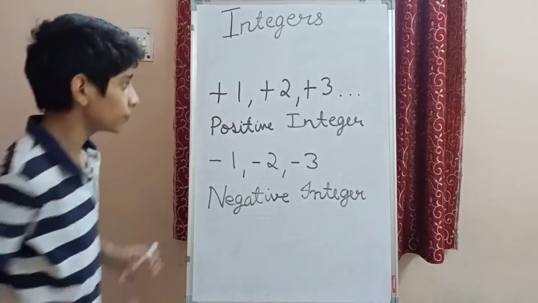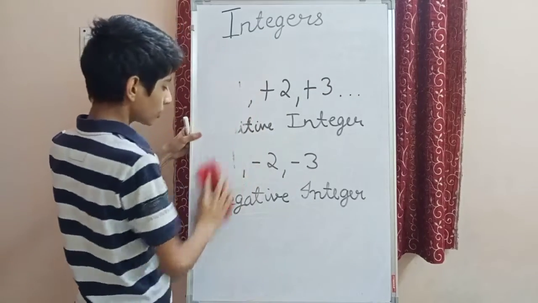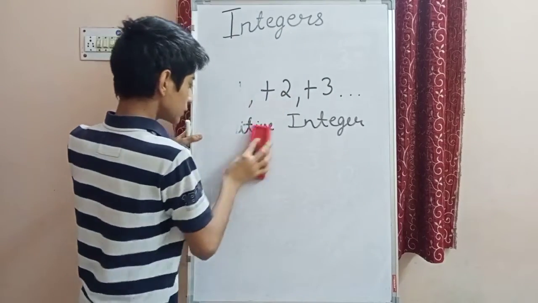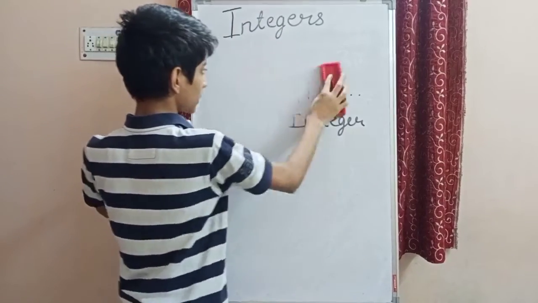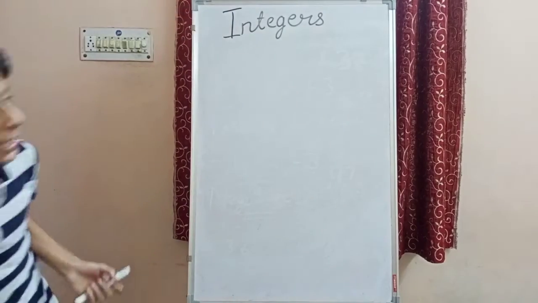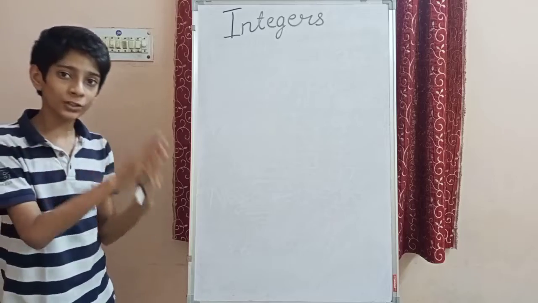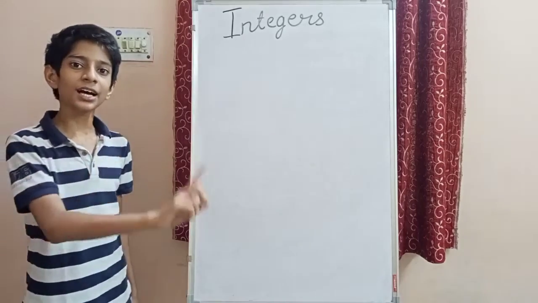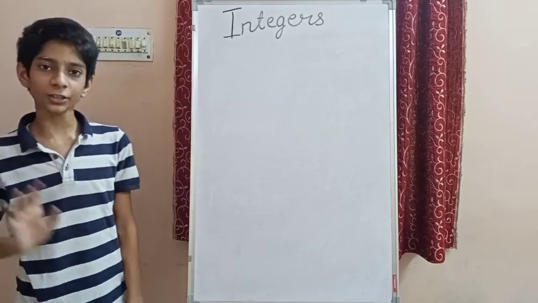Now I will tell you some points to note about integers. There are a total of 6 points to note about integers. What is the first point? The first point is that for every positive integer there is a negative integer also.